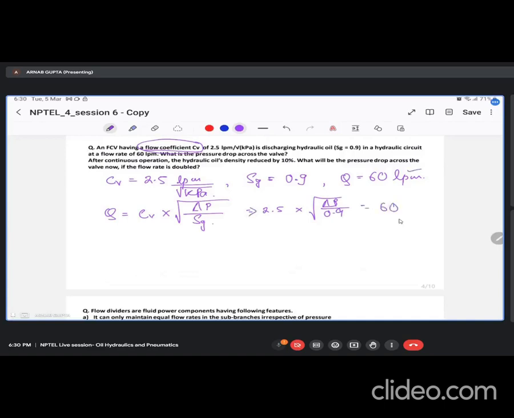All the units, you need to be careful about them. So as you can understand, the delta P will come as kilopascals here, and SG is unitless.